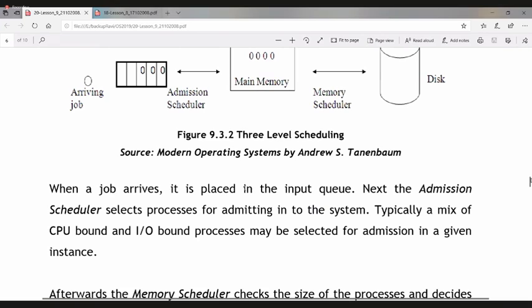Next, the admission scheduler selects processes for admitting into the system. Typically, a mix of CPU-bound and IO-bound processes may be selected for admission in a given instance. So it depends on whether it is CPU-bound or IO-bound. With the admission scheduler, you can program which one to give the next chance.